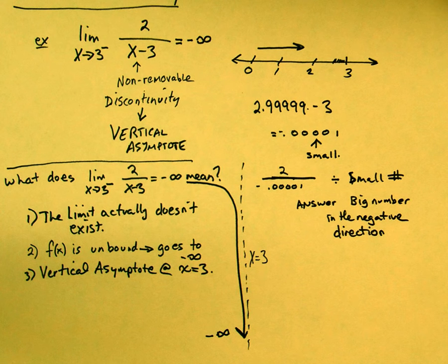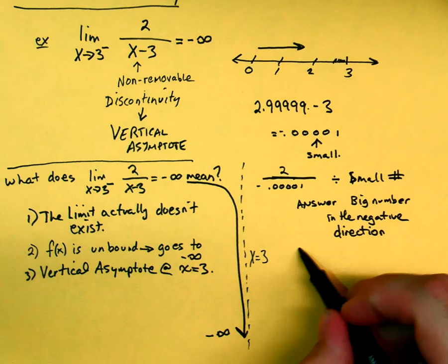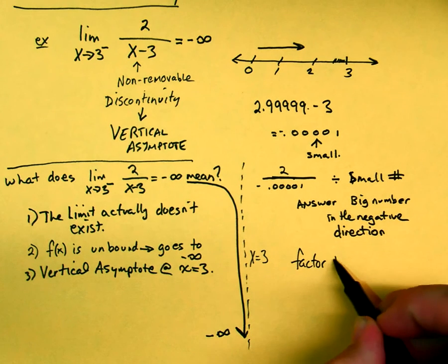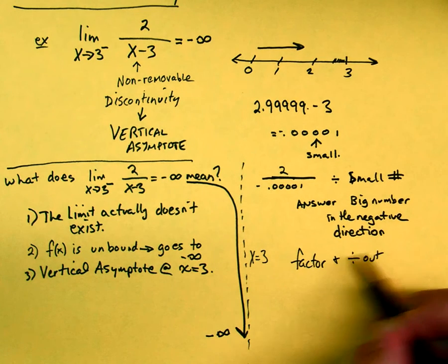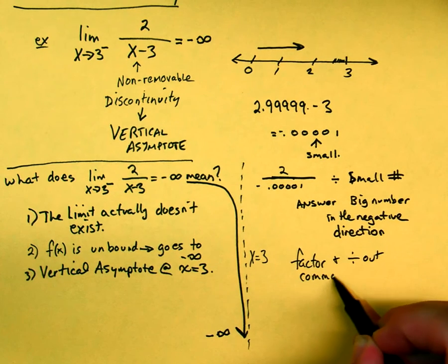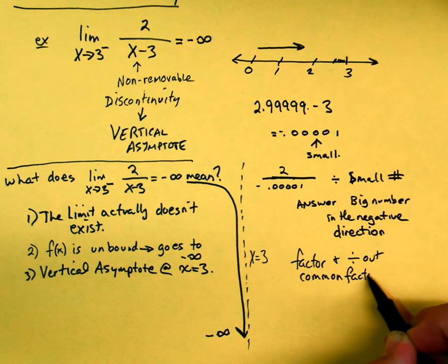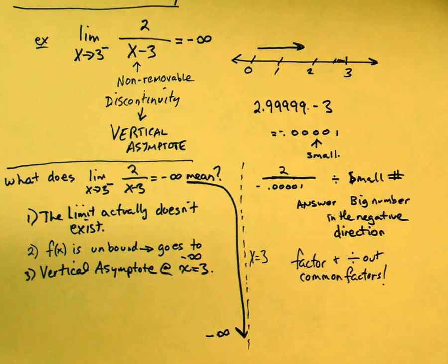So remember, factor and divide out common factors. That's a big thing with this, especially when we can remove the removable discontinuities and just focus on what's happening at the non-removable discontinuities. That's really what we're doing here. We're trying to figure out what the function is doing at the non-removable discontinuities.